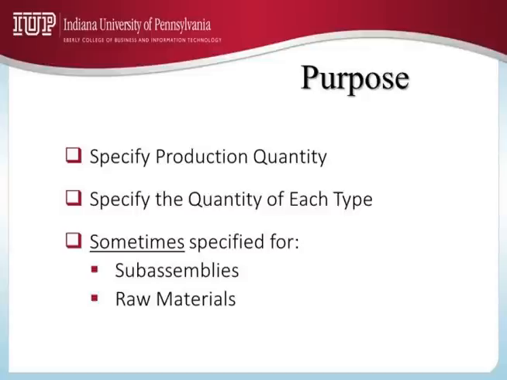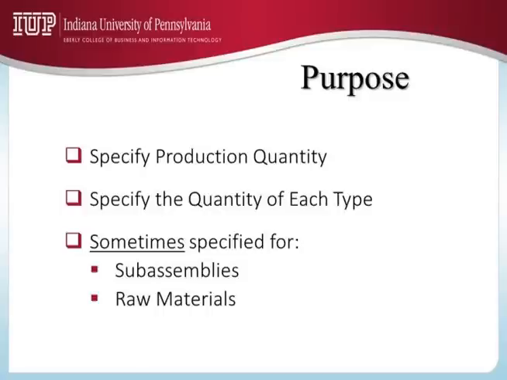which will become more clear in a few minutes. Now before we get into how the master production schedule works, I want you to understand that sometimes the master schedule may be specified for sub-assemblies or raw materials instead of end items. And I want you to realize right now the difference between the master schedule and MRP, the next stage in the planning hierarchy.